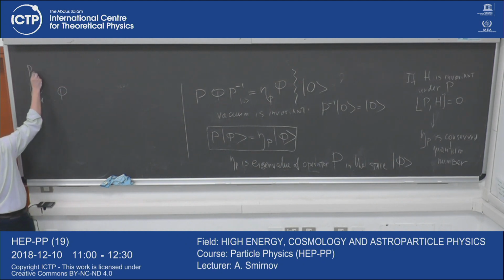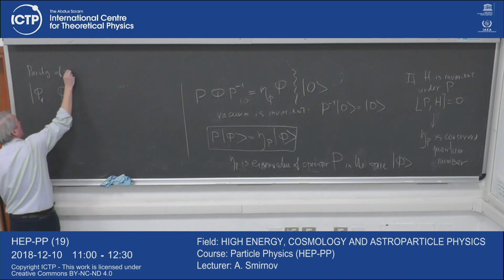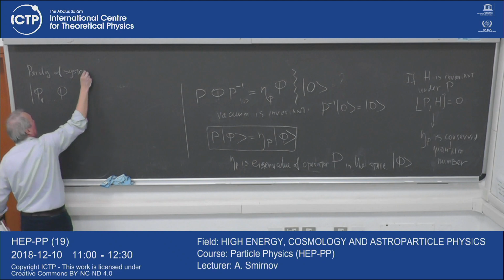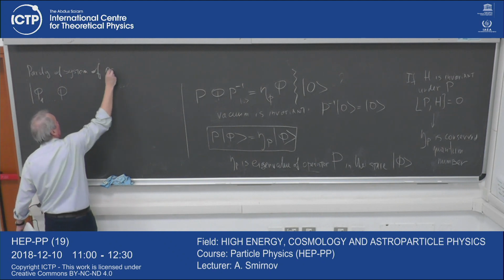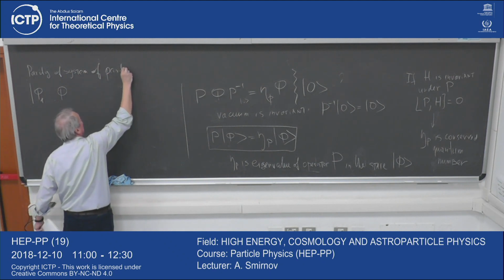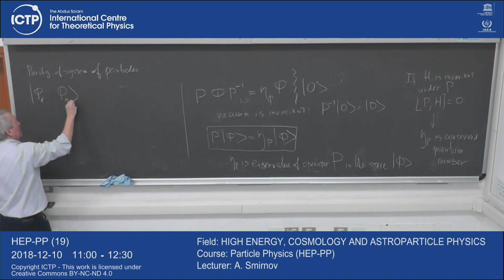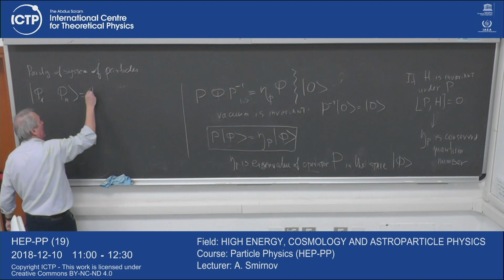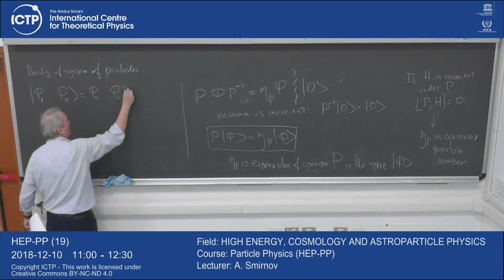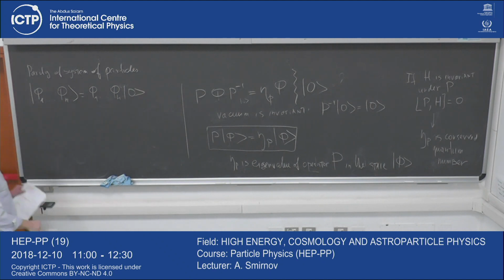Let me do parity of a system of particles. And this state is created by acting with operators F1, Fn onto the vacuum state. So how is this state transformed under P?